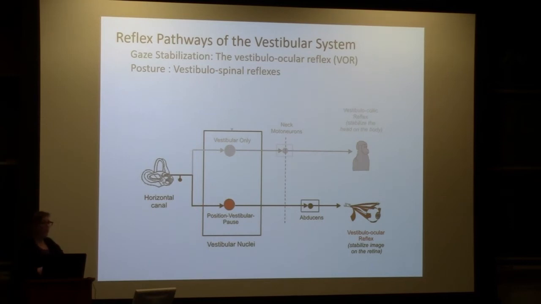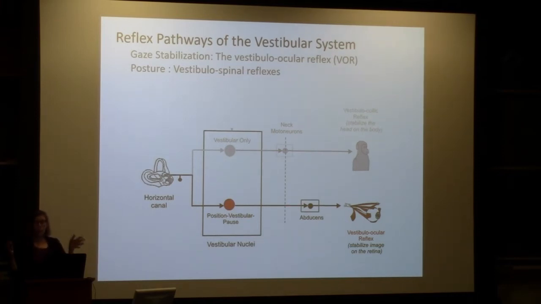The VOR pathways are mediated by a group of neurons called position vestibular pause neurons, because they have vestibular signals but also position signals, like what we talked about on the motor neurons the other day. They get input from the prepositus, which is probably important for keeping your eyes fixed after you've moved your head. So they show this integrated signal that we talked about in terms of saccades. It's the same integrator. And they project directly to motor neurons to move the eye.